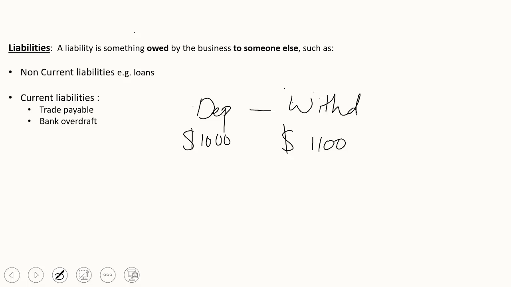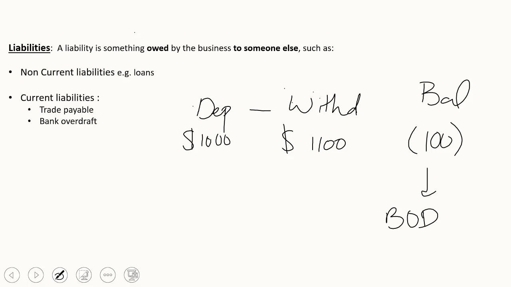So there is an overdraft of 100. The bank would show a negative balance of 100. So you put in the bank $1,000, but you took out 1,100 out of the bank, and 100 would be bank overdraft. What's next? Loan. Short-term loans which are payable in 12 months.